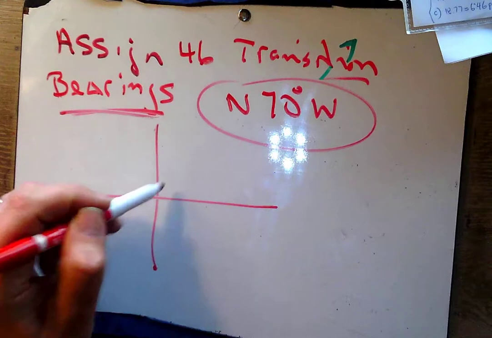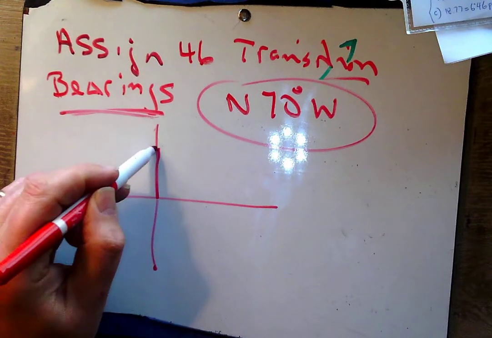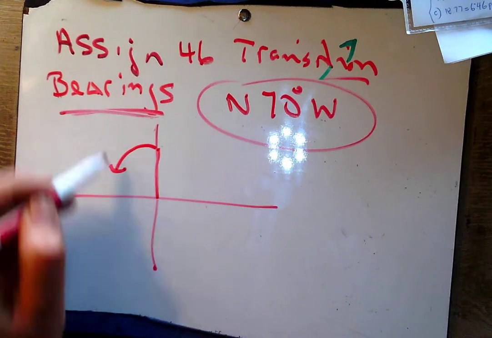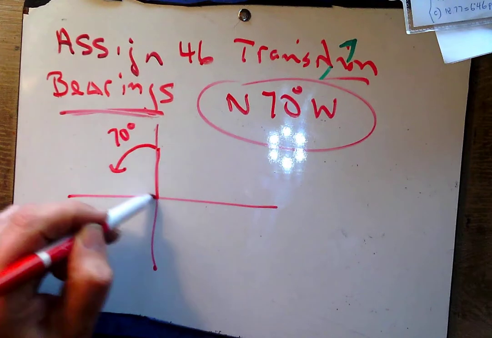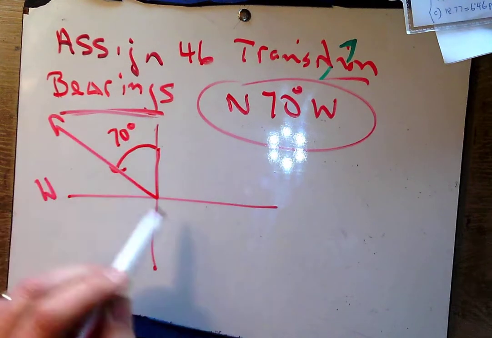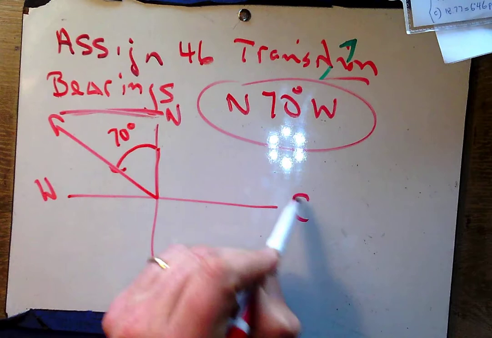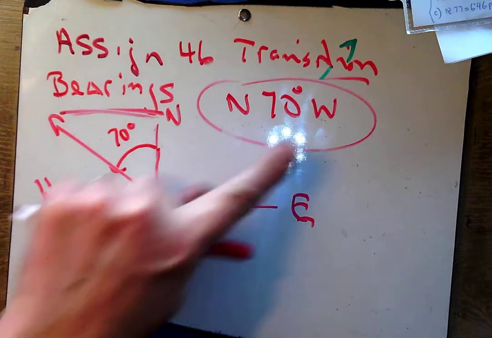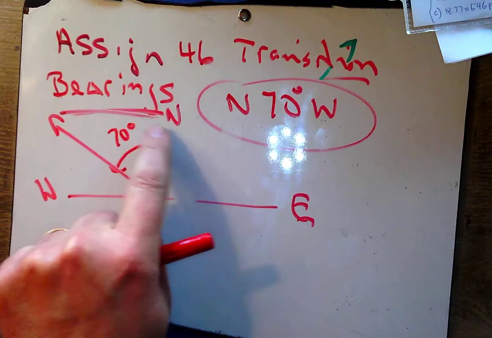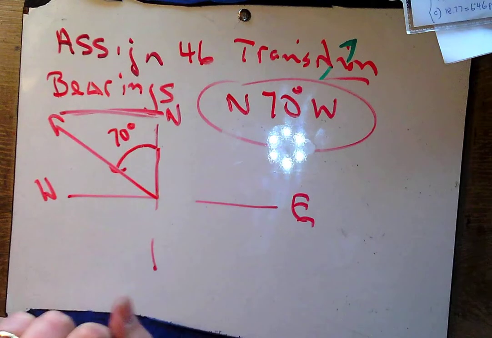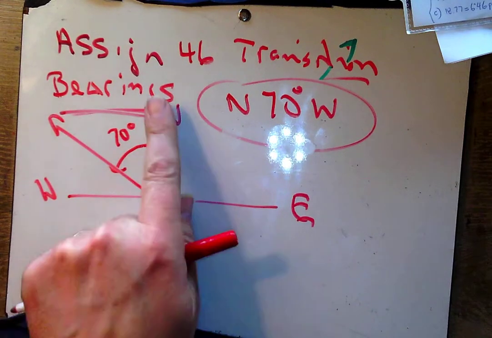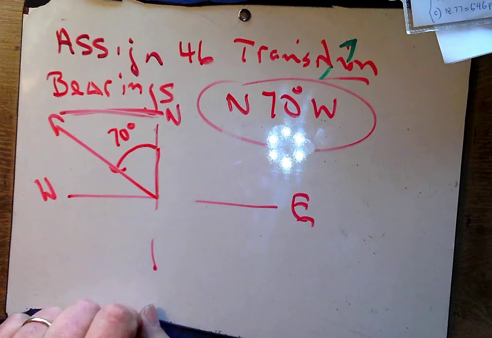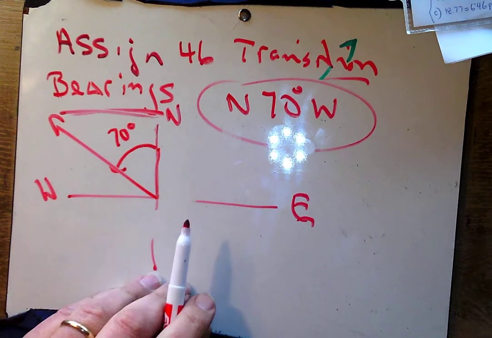Compass rose, heads to the north, goes 70 degrees to the west. West over here, east over here. If this said north 70 east, I'd be going this way. North and then 70 degrees in that direction. But this says north 70 degrees to the west. And there's my angle.